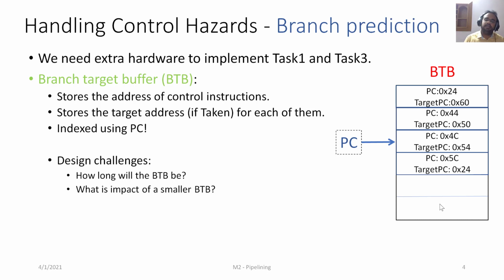But the catch is, we want the output from the BTB within that fetch cycle itself, because by the end of the fetch cycle we need to know whether the PC is a control instruction, and if it is a control instruction, where the target is, because in the very next cycle we are going to use the target and start fetching. So if your BTB is longer, it is more likely to take longer to index into the BTB and get an output. So this is a tricky choice.